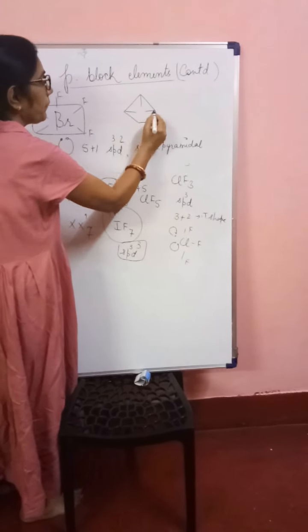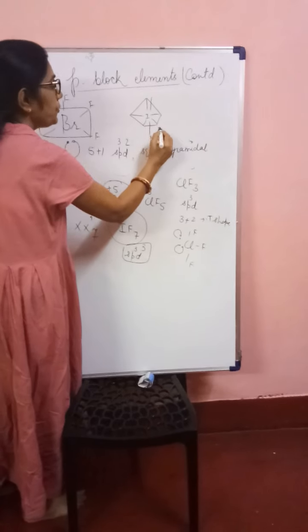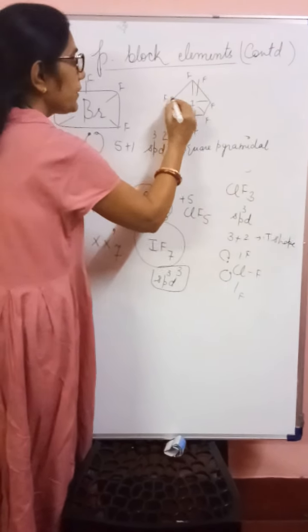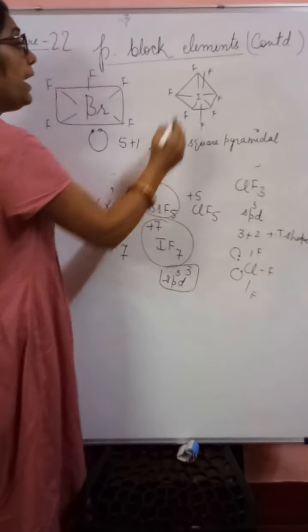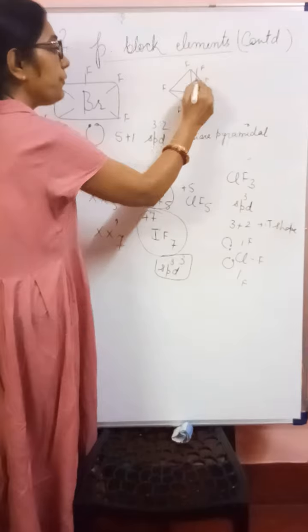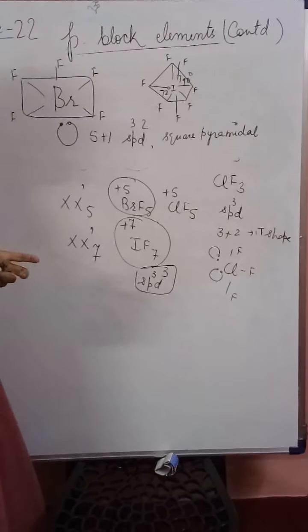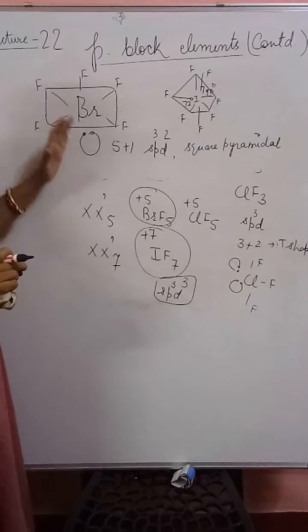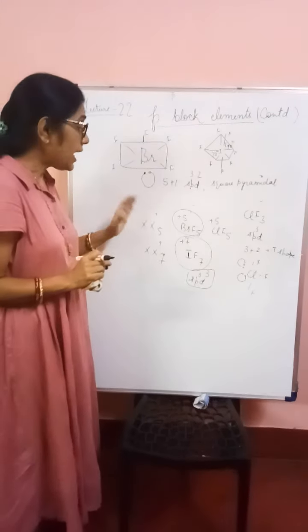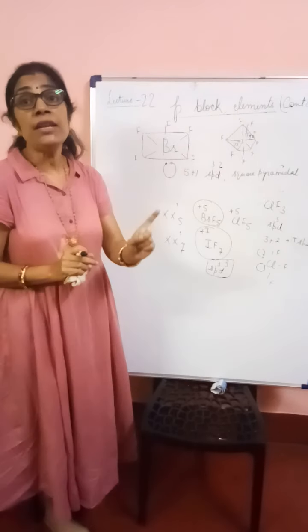In IF7, the axial bonds lie at an angle of 90 degrees to the plane, and in the pentagon the bond angle is 72 degrees. These interhalogens are formed between two different halogens, and they are polar in nature.